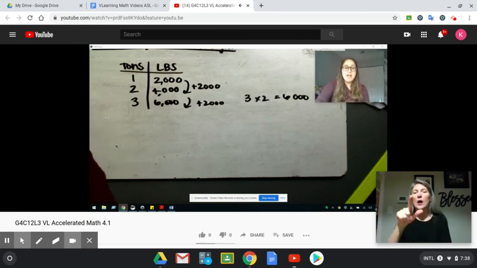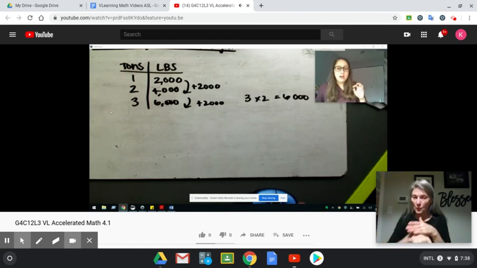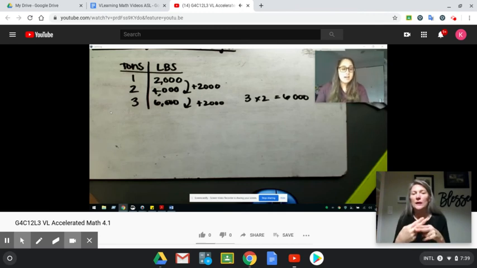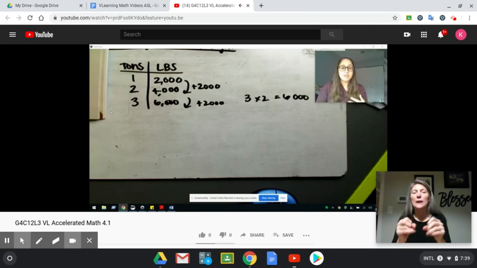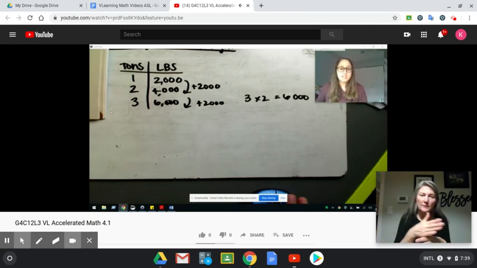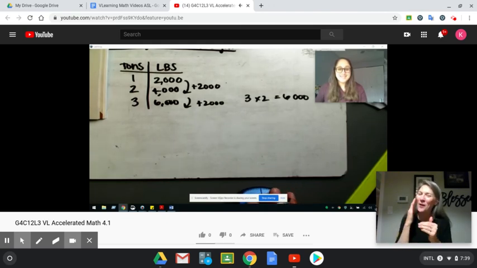All right, my friends, that's how deep we're digging today for our customary units of weight. You're going to be asked to find how many pounds or ounces are in a certain amount of weight and to work flexibly between these units. I can't wait to see all of your awesome work. Thanks, guys.